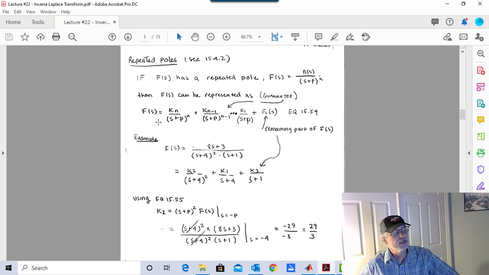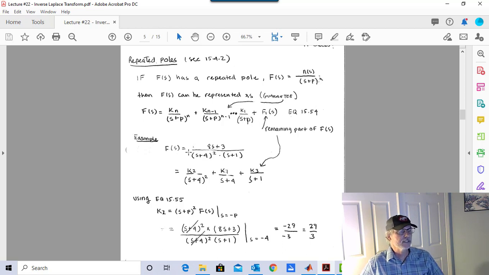F of s can be broken up into k sub n divided by s plus p to the n, because remember the repeated poles, we have n of them, plus another constant times s plus p to the n minus 1, all the way down to just s plus p. So it just depends how big n is, how many of these you have. And then plus the remaining part of f of s, meaning the poles that are not repeated poles.